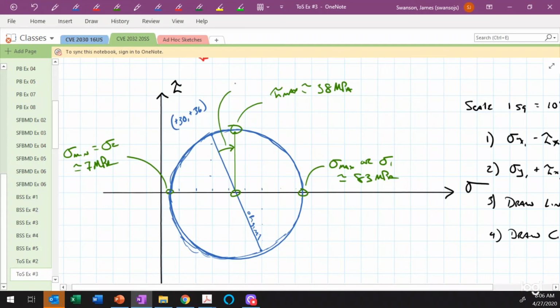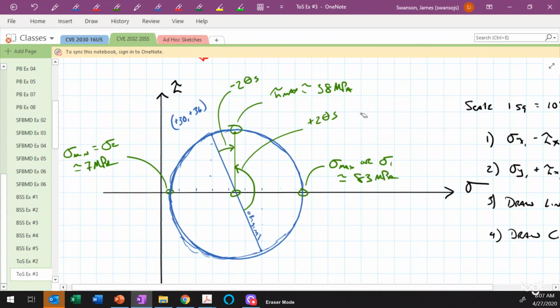So this angle right here is 2 times theta S. And since we would rotate in a clockwise manner, with counterclockwise being positive, then that is actually minus. If we wanted the positive value, then we would rotate like that, and that would be positive 2 times theta S. Okay, the subscript S stands for shearing stress.